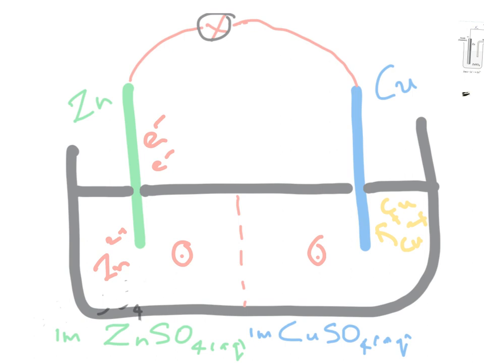So comparatively they become less positive compared to the zinc, right? So now you can see there is an electrical imbalance between these two compartments, right? So because of that, the ions will try to move. So it builds up a potential difference between these two solutions. This is called the liquid junction potential, right?